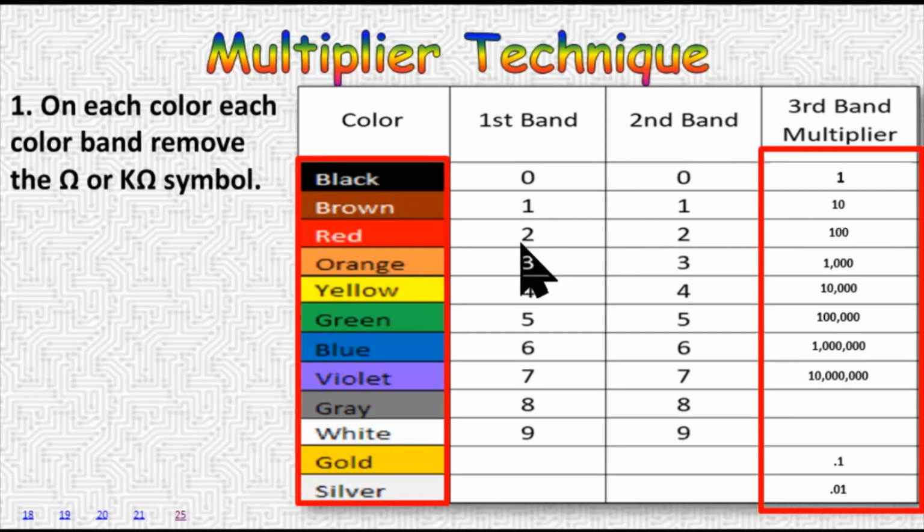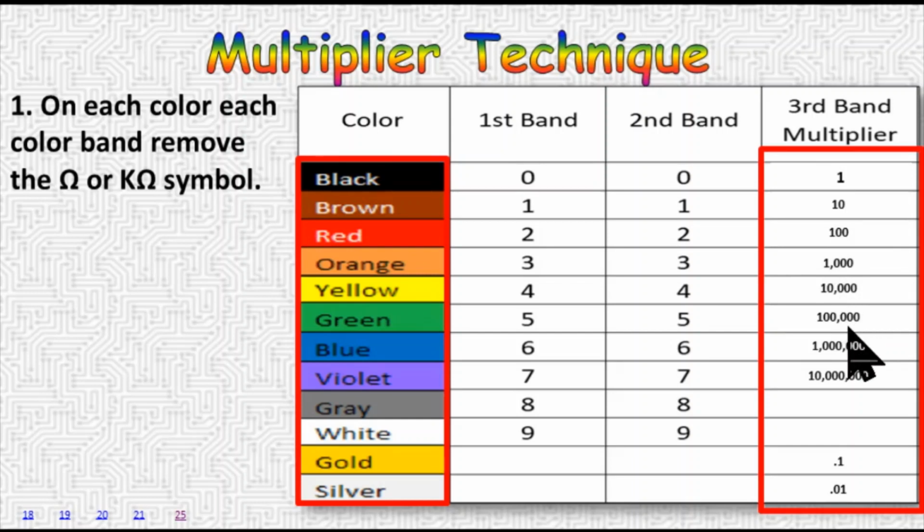Notice the red. 2 ang numerical value niya, ibig sabihin meron din siyang dalawang zero sa multiplier value na 100. Orange ganun din, tatlo rin ang zero. 4 sa yellow, 4 din ang zero, which is 10,000 ang multiplier value niya.